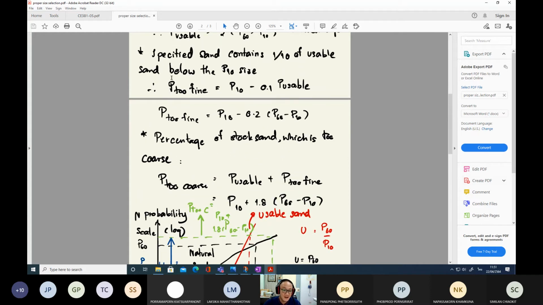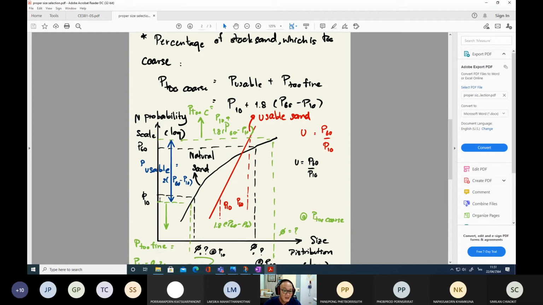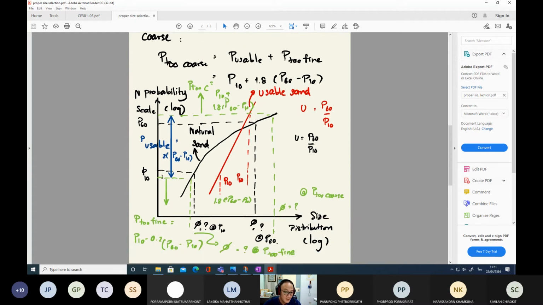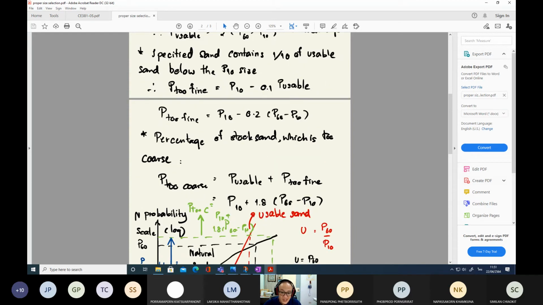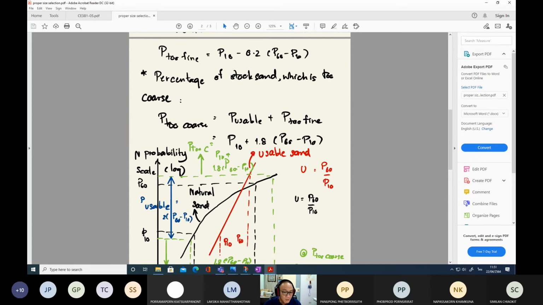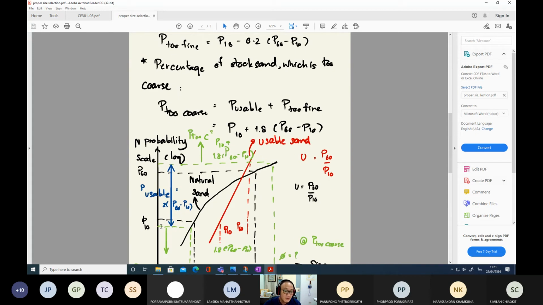According to this statement, we can define where the P25 is. P25 is here. And what about the P2 cost? P2 cost is the P usable plus the P25. This one is the P25, and then this is the P usable. This one plus this one, the blue line will reach the P2 cost.